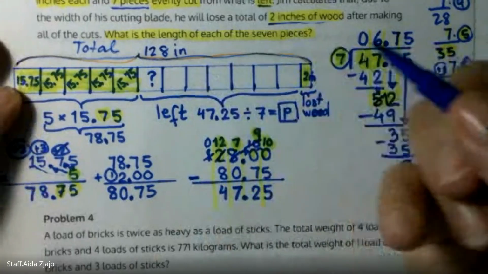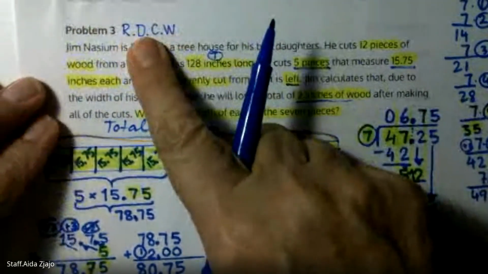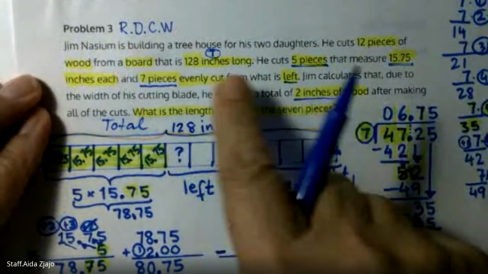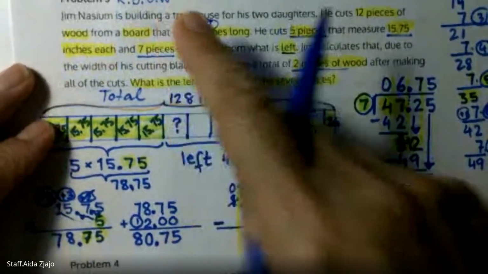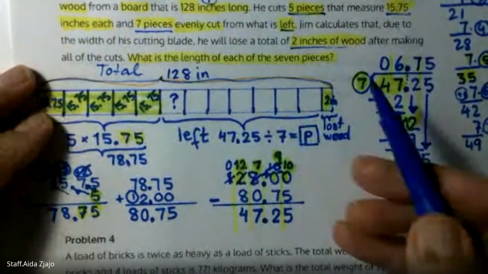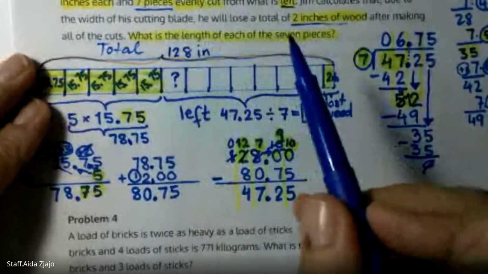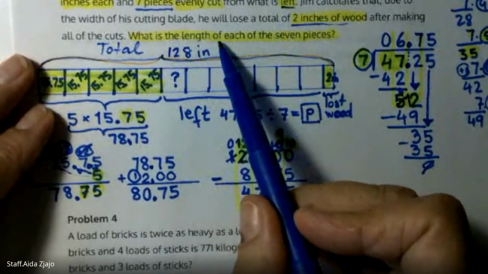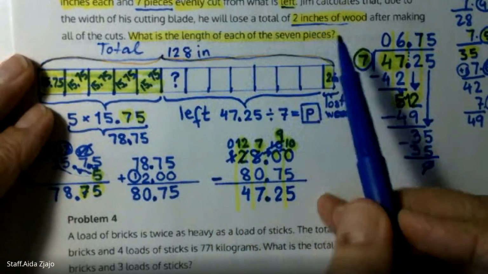Now remember, we read, we draw, we calculate, and then we write the answer. So I will find room here to answer in writing this question. What is the length of each of the 7 pieces?